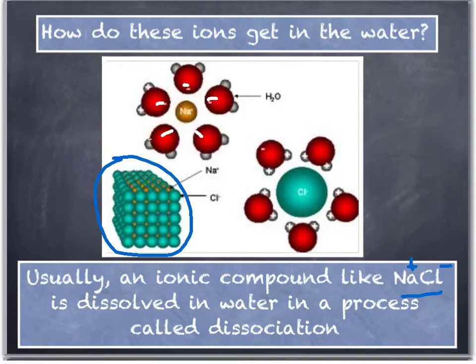And water itself has positive and negative charges. We'll look at that more closely in the next few slides, but the water molecules systematically pull the ions out of the crystal and into solution. That's how they get there, in a process called dissociation, because the ionic compound NaCl dissociates into separate ions.